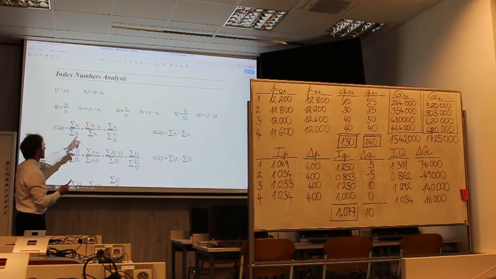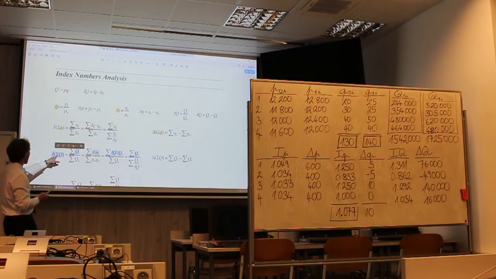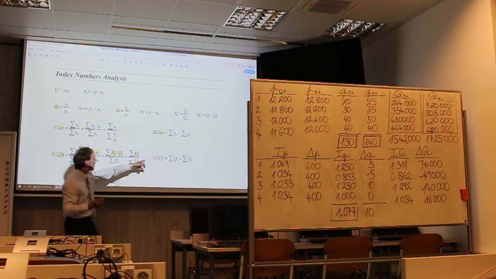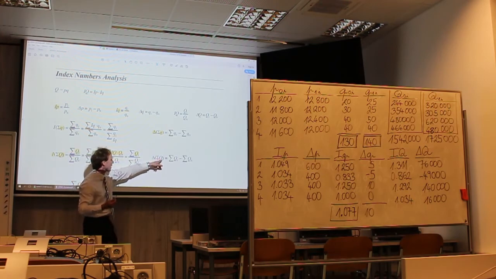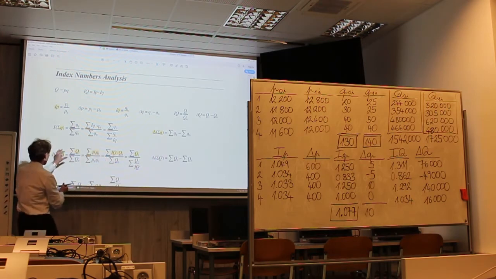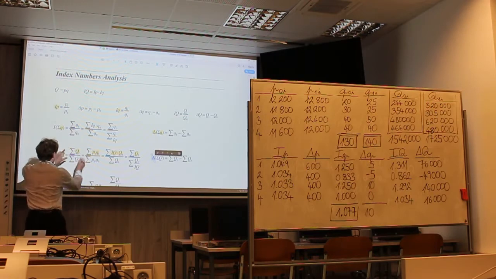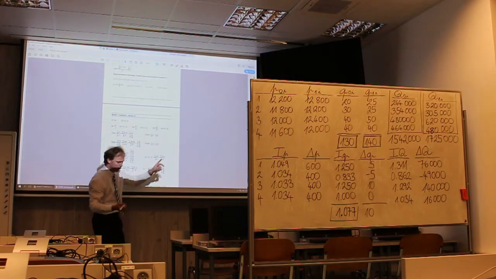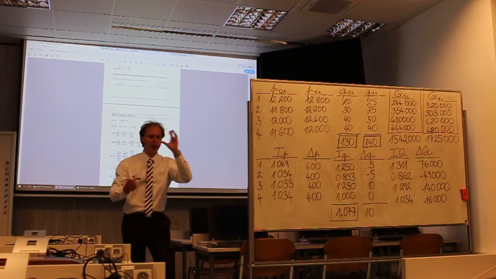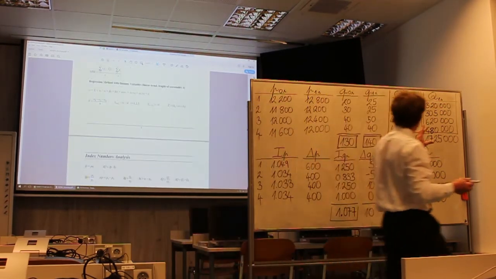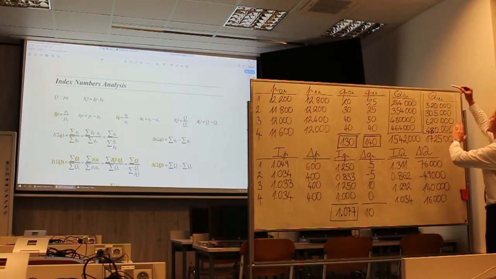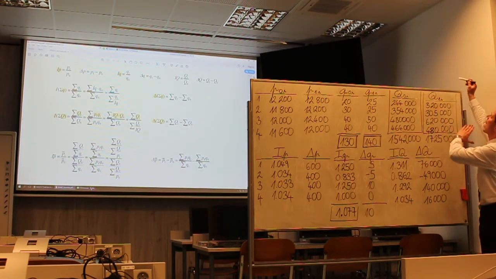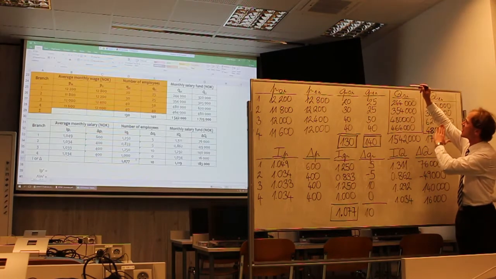We will continue with the index for summation of monthly money fund and delta for the summation of monthly money fund. Again, summation of Q1 divided by summation of Q0, and the difference, sum of Q1 minus sum of Q0.